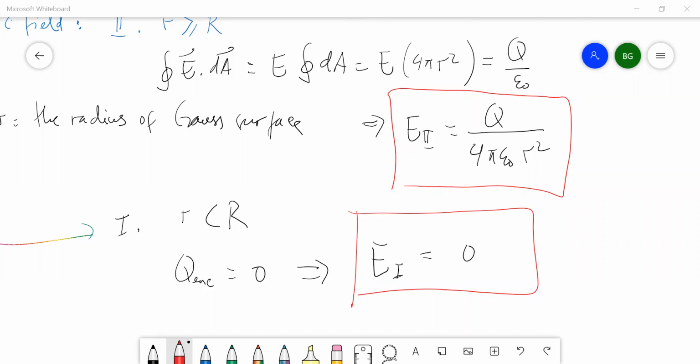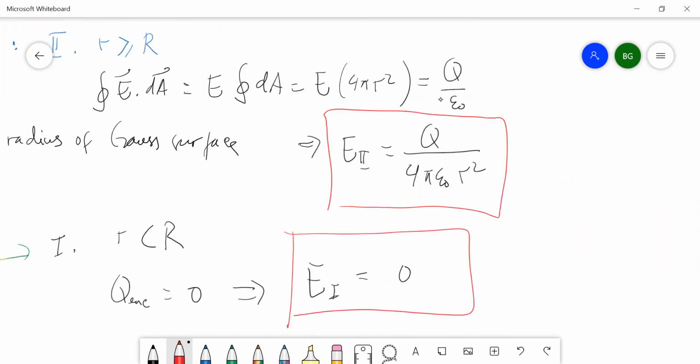I'm confused about the Roman numeral 2. E2, you mean? Yes. Which part are you confused about?